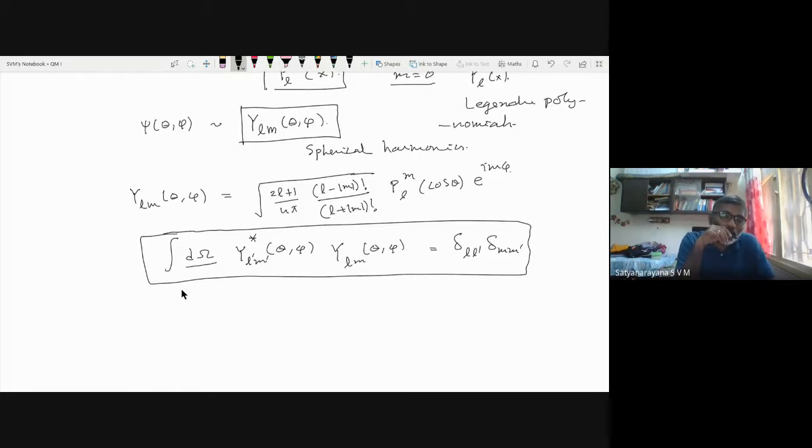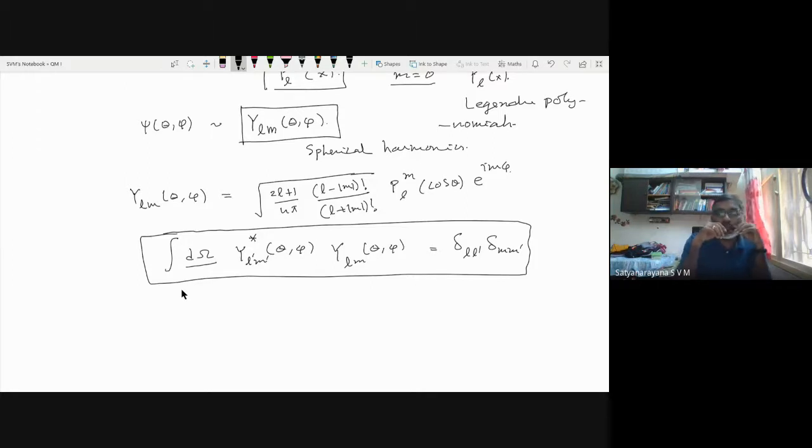If you have a free particle, then you will have spherical Bessel functions. If you have a hydrogen atom, then you have associated Laguerre functions. If you have some other potentials, maybe you will have some other hypergeometric functions, etc. But the angular part of the wave function is always spherical harmonics, and hence it is important to appreciate these functions.